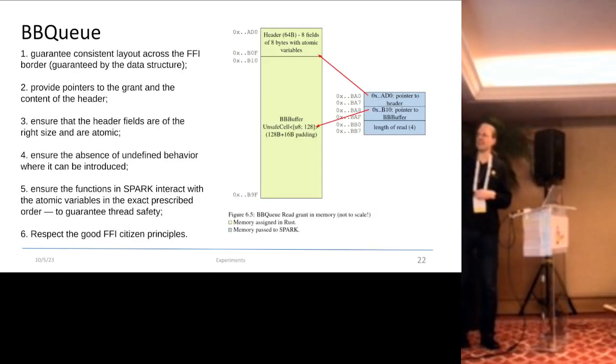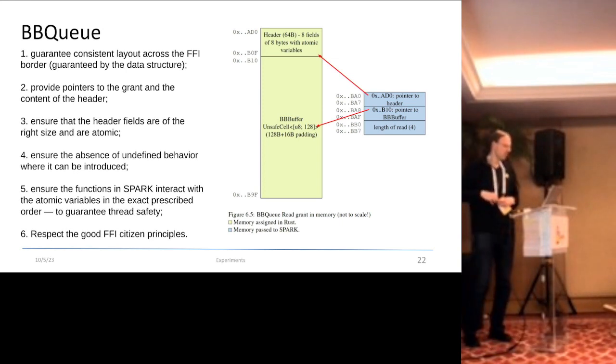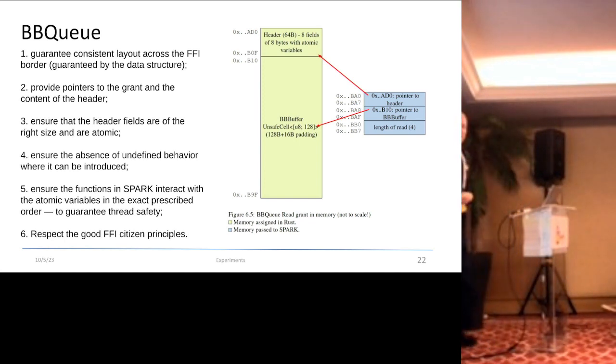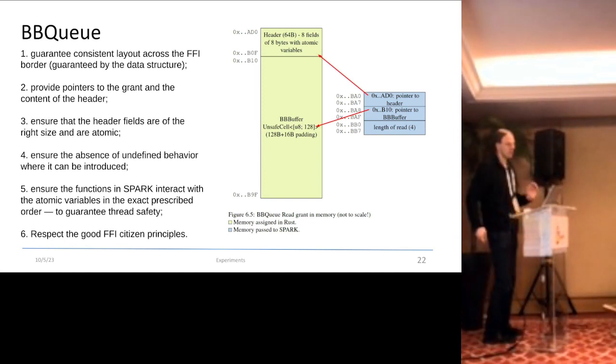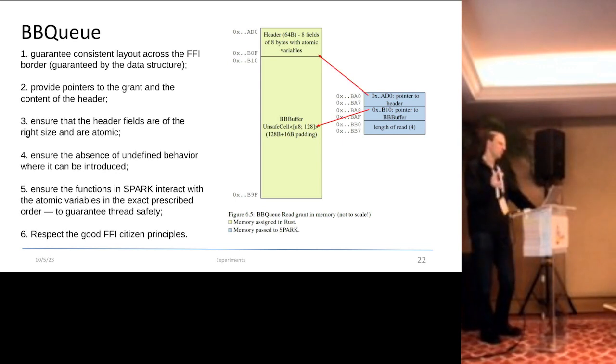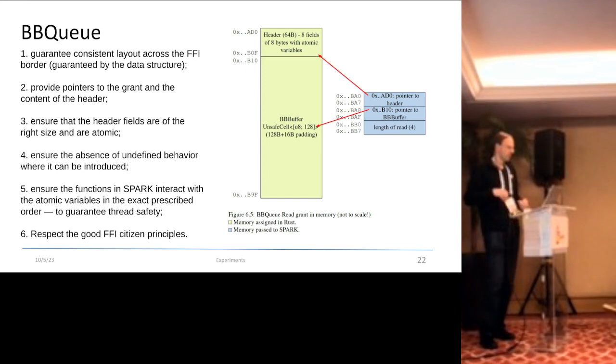Here we can see how the memory is laid out. So the two sides are not completely up to scale, but again, we have metadata that has to be mapped to correspond to each other. So it's a copy of the metadata, but it has to have the same size limitations. And then a pointer to the buffer, which is shared.